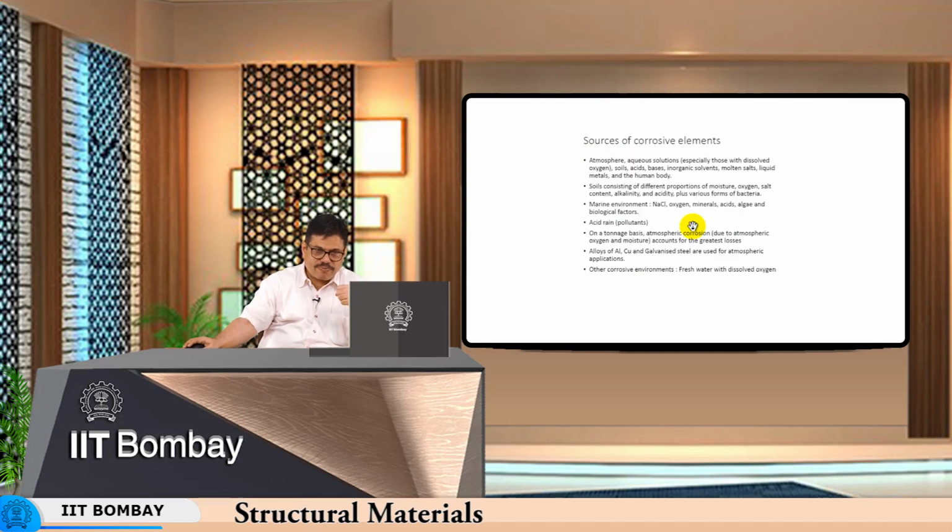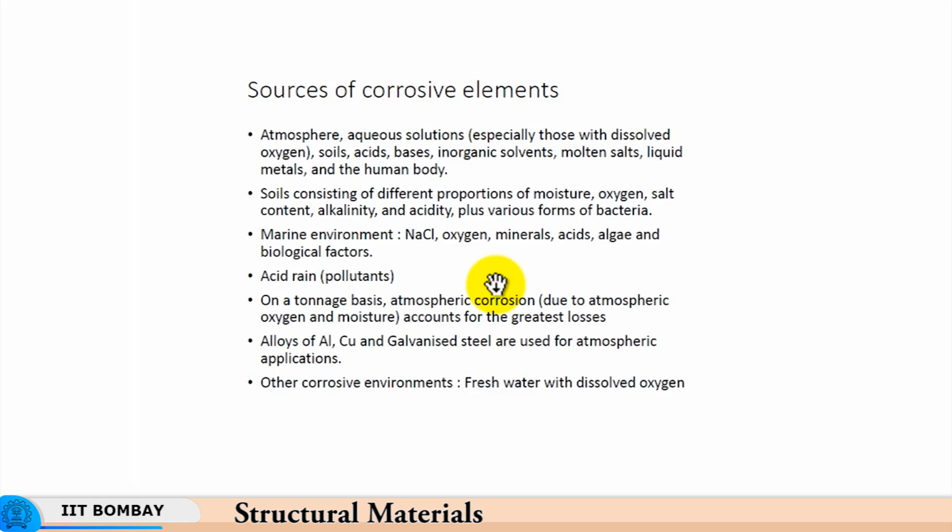So, we will see all these forms of corrosion as a result of a number of corrosive elements which come into play. So, typically atmosphere, aqueous solutions with dissolved oxygen like sea water, for example, soils, acids, bases, inorganic solvents, as in case of algae, moss, etc., growing on metallic surfaces. So, you have ships which are submerged under water and a lot of these growths take place there. Then you have molten salts, liquid metals, and of course, the human body.